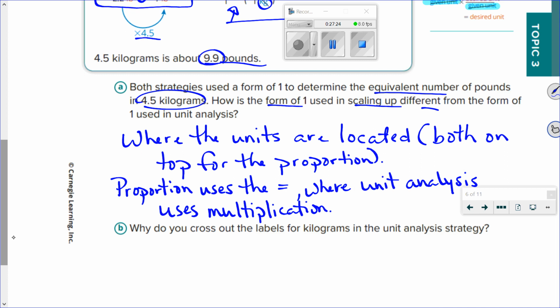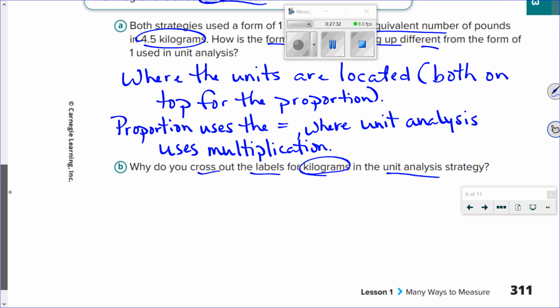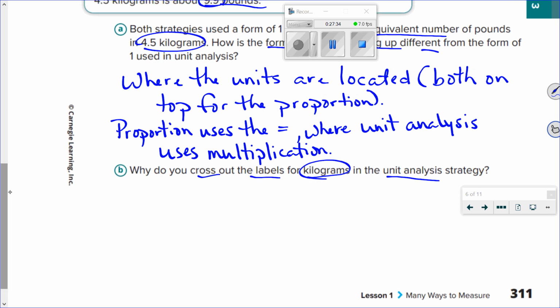Okay. So why do you cross out the labels for kilograms in the unit analysis? And this gets back to a simple understanding. So I'm actually going to go through a little analysis to help you understand this. Okay, what if I have 3 over 3? What does that equal? 1. What if I have 25 over 25? What does that equal? 1.